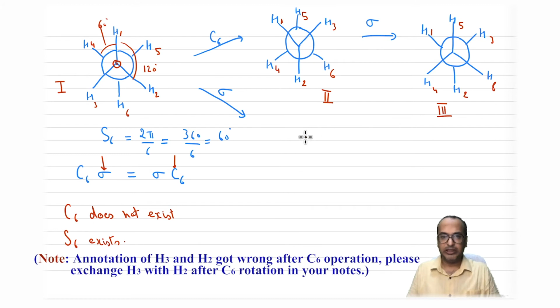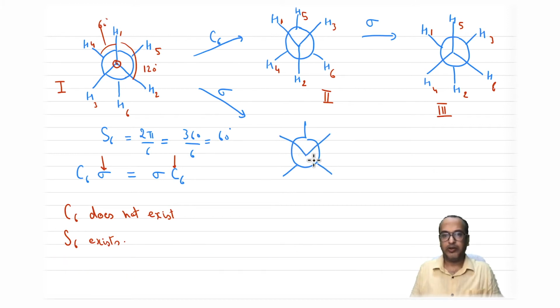So it will be something like this, and this is the back carbon which is now in the front. Write down all of these hydrogens explicitly, and then the numberings remain 1, 2, 3.